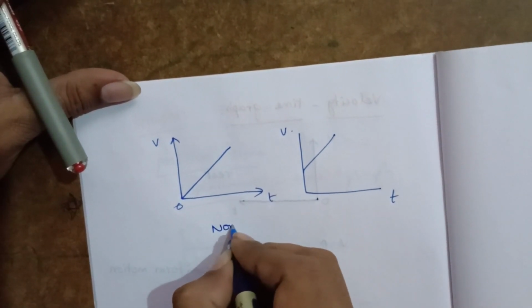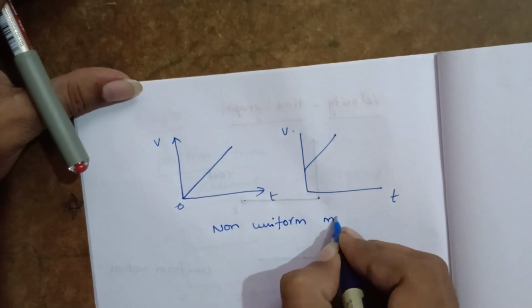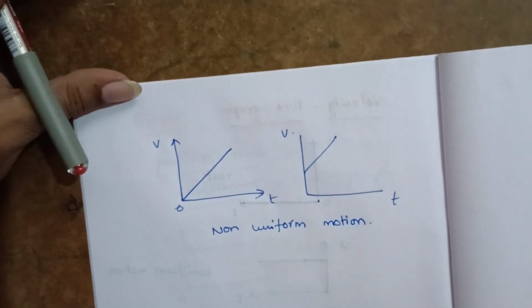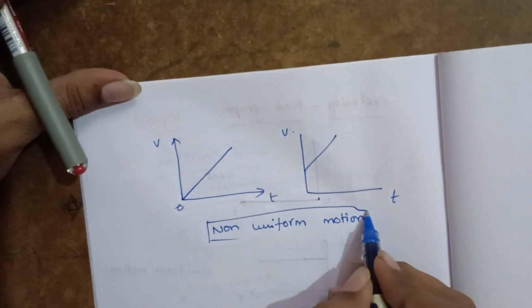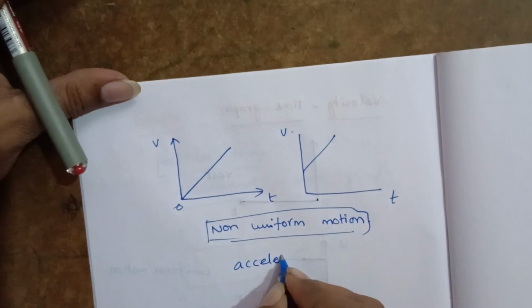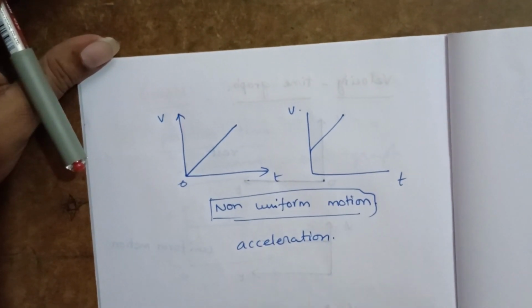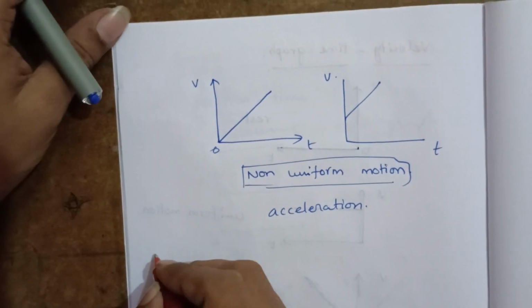So non-uniform motion, non-uniform velocity. Whenever we have non-uniform velocity, then it has acceleration. It is accelerating.